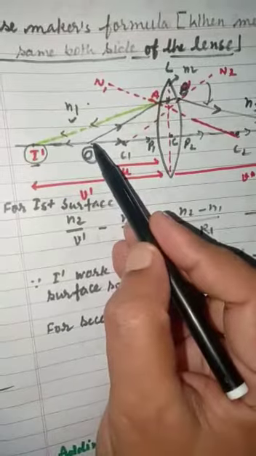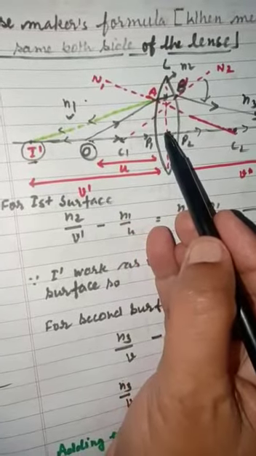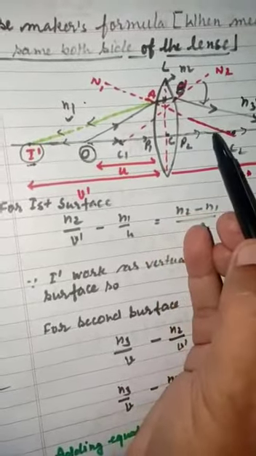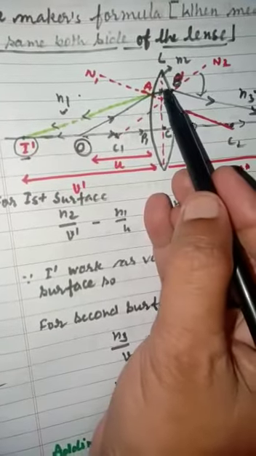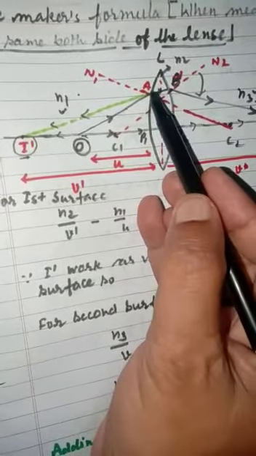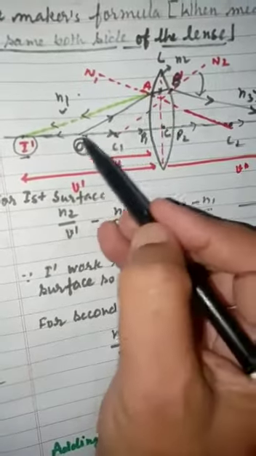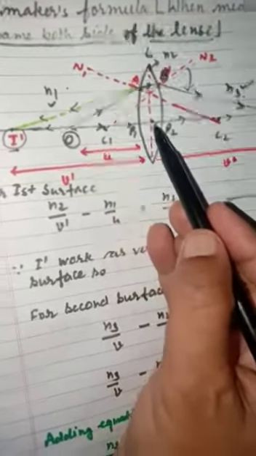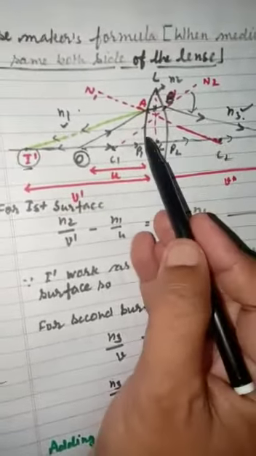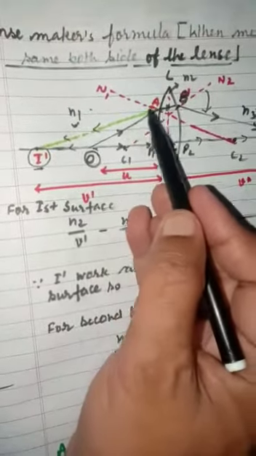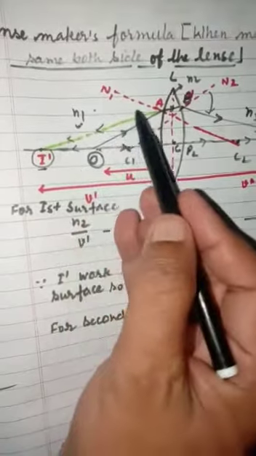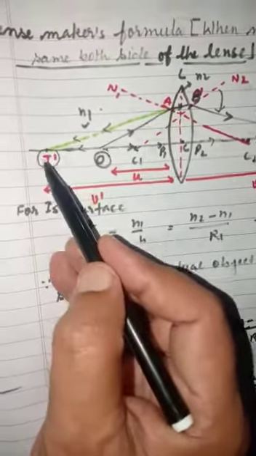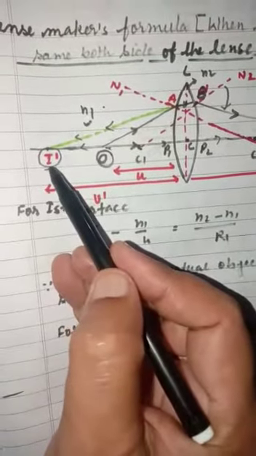Another light ray OC passes through the optical center in a straight way without any deviation. If we produce these refracted rays backward, we will find the virtual image of the object at I dash.